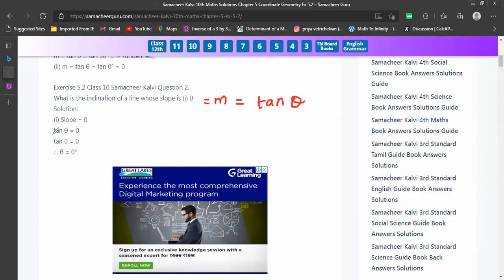So just equate this 0 to tan theta. So theta is equal to tan inverse of 0. So when you will get 0 in tan 0 degree is 0. So the answer is theta equal to 0 degree. That is the answer for the first option.